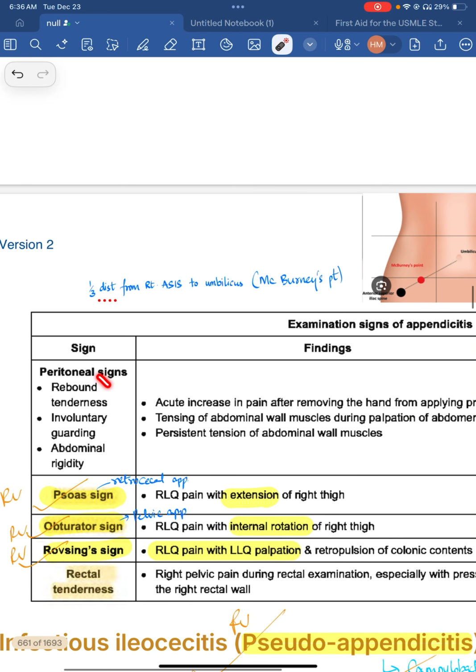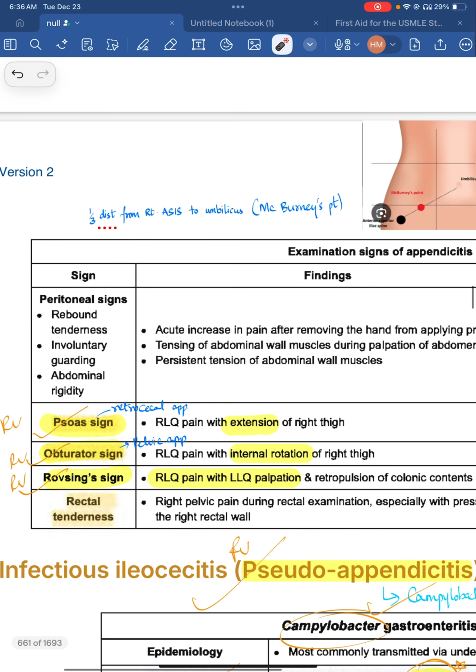Then that is called rebound tenderness. What is involuntary guarding? When the patient tenses the abdominal wall muscles when you are palpating. It is called involuntary guarding. What is rigidity? When the abdominal wall muscles are in persistent tension, it is called abdominal rigidity. These are the peritoneal signs you have to remember.